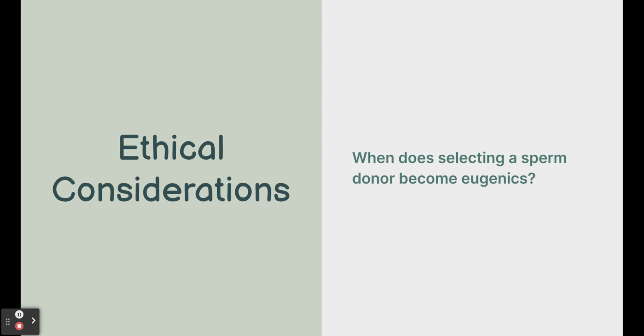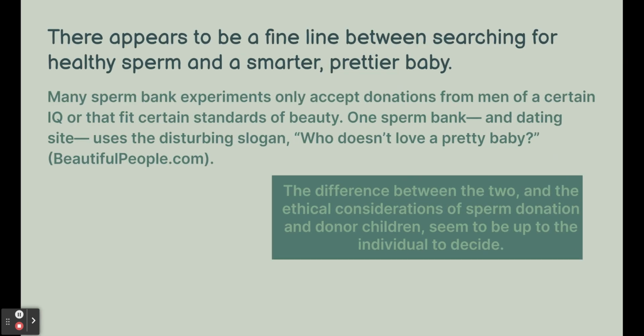So the use of sperm donors has a lot of genetic implications, but there are also some ethical considerations that need to be addressed when talking about the use of sperm donors. One ethical issue with sperm donation is that many sperm banks will only accept donations from certain types of people: men of a certain age or IQ, or even physical features.